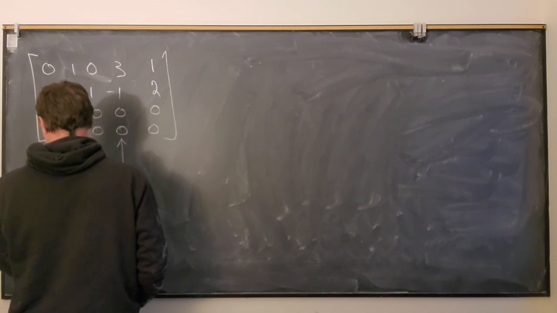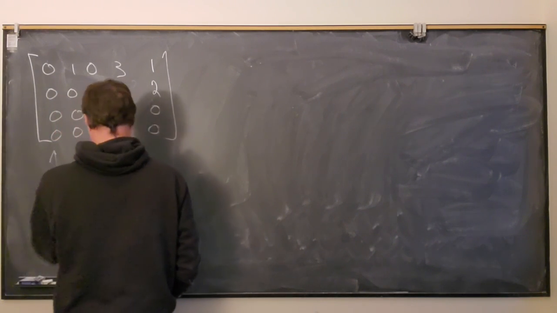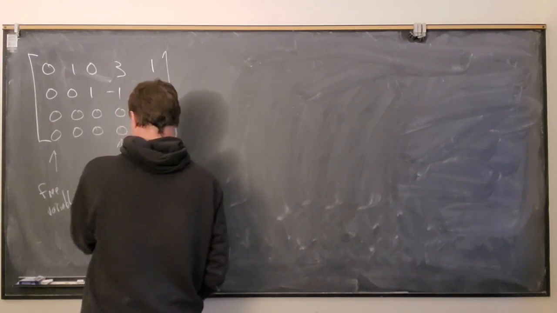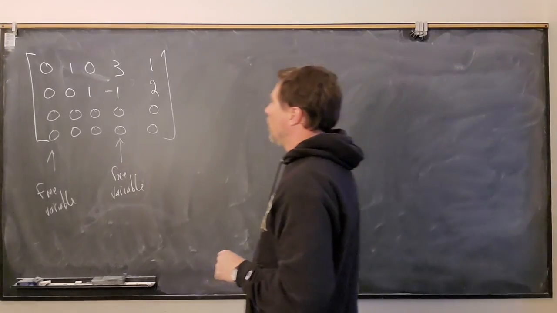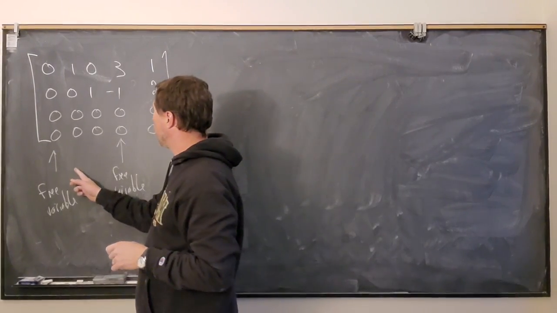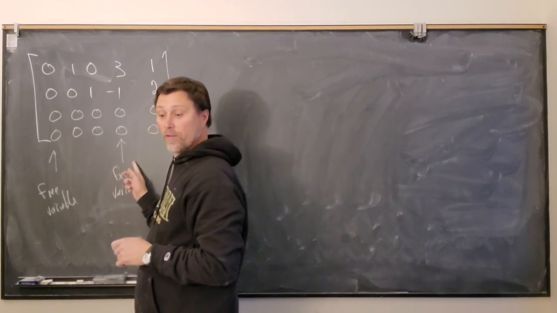So free variable here, free variable here. So what do I do now? That tells me that x1 and x4 are free variables.